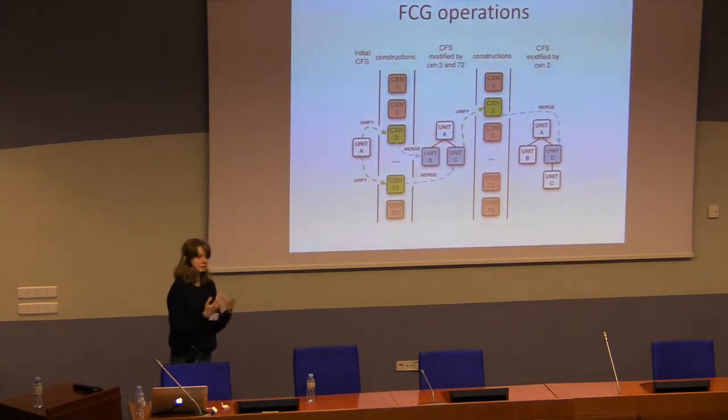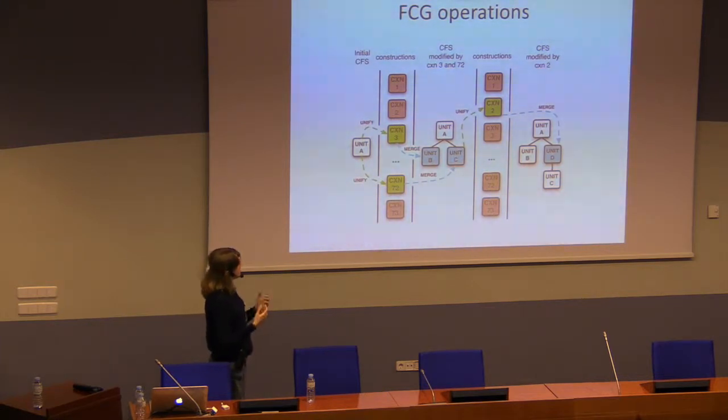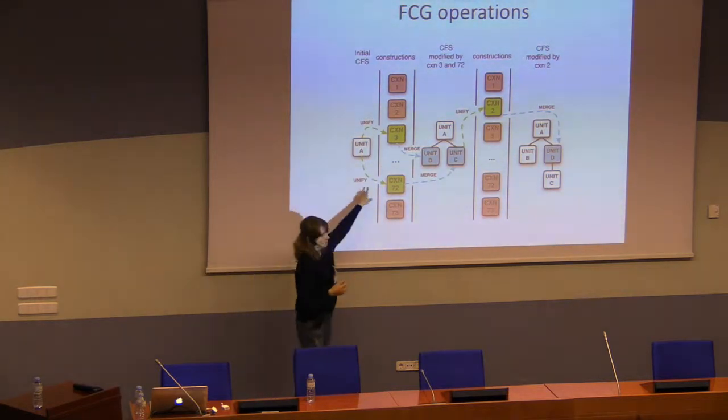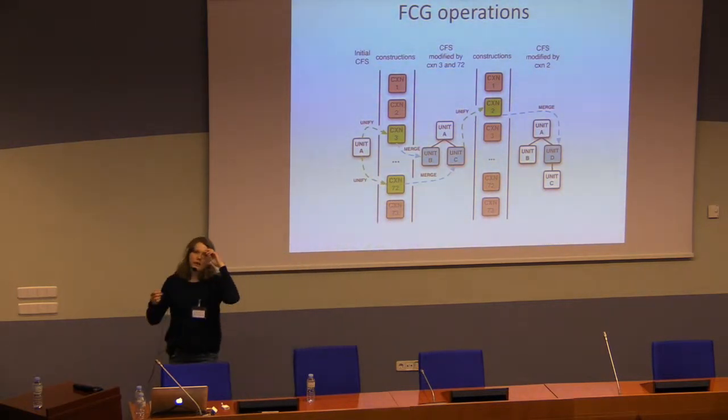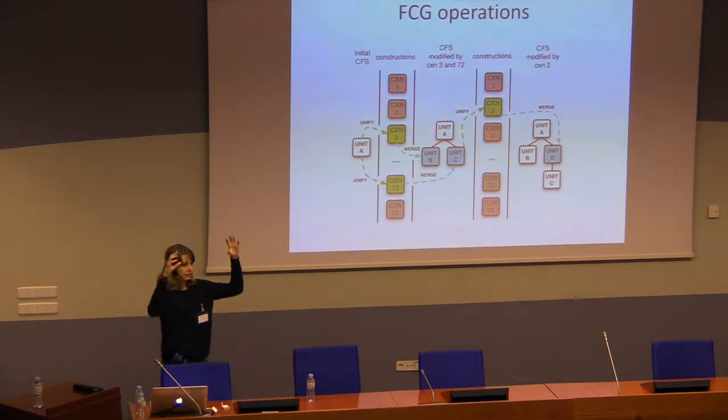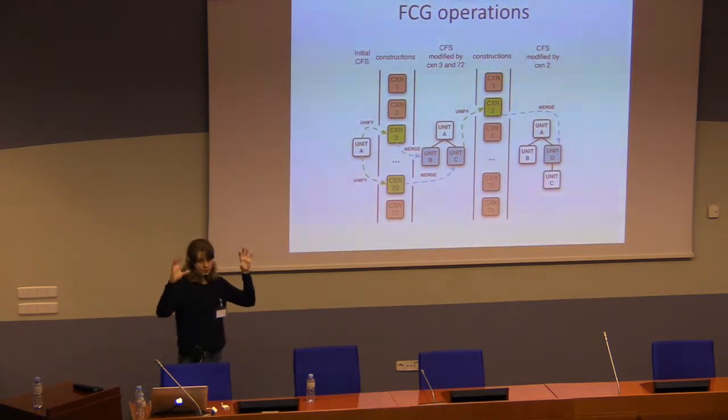What's important to remember is that, of course, we have some operations, and they are the key thing here, really, to implement the framework fully. And these operations in FCG are match and merge. Where it says unify there, it's match, and then merge is over there. Essentially, you have a structure that has to match with a whole pool of other structures.